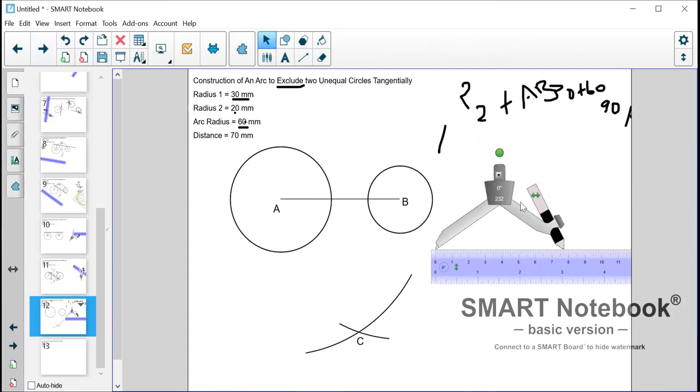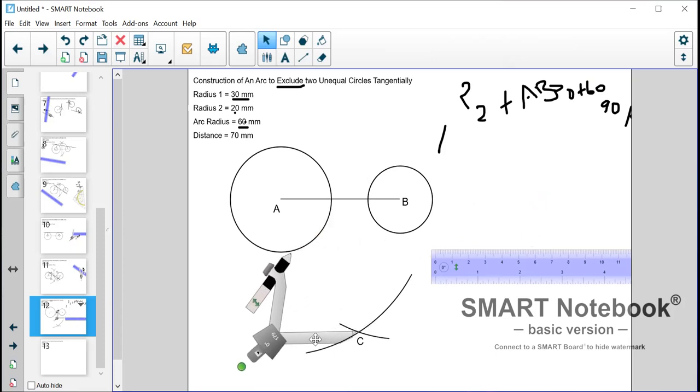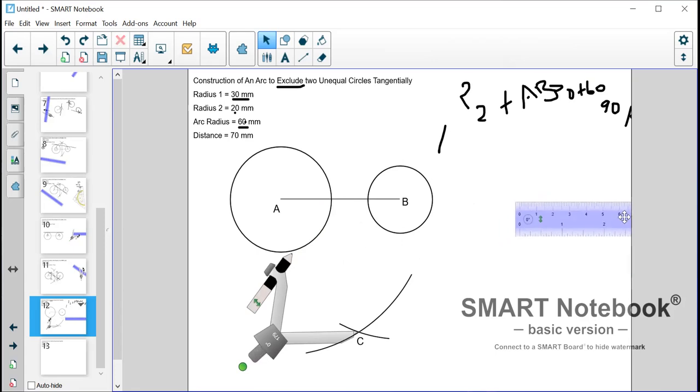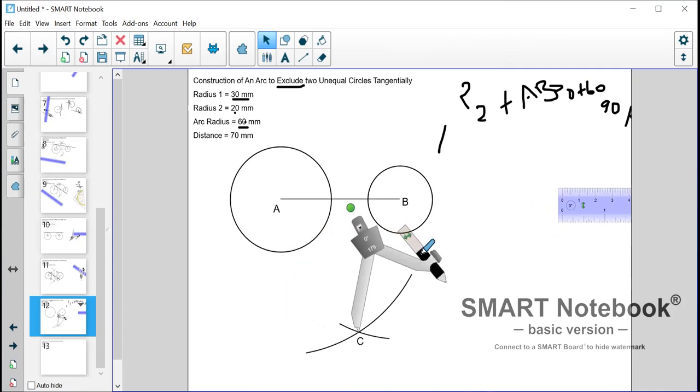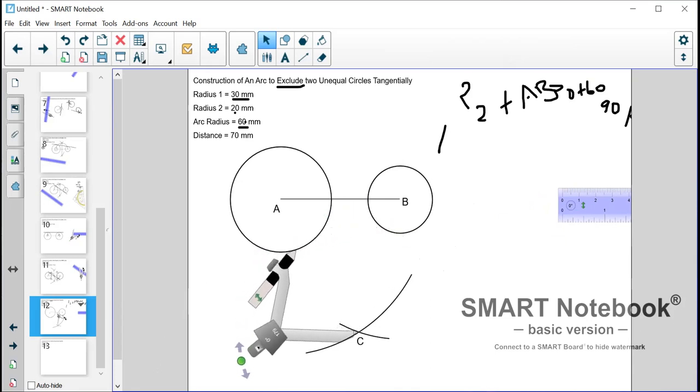We set the pair of compasses to 60, and we come from C and we draw an arc that, once you did everything accurately, is supposed to touch both circles, right?